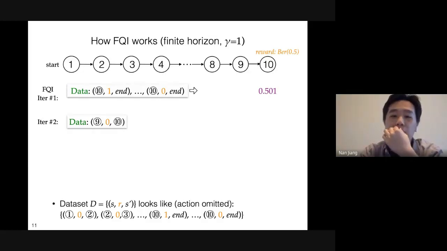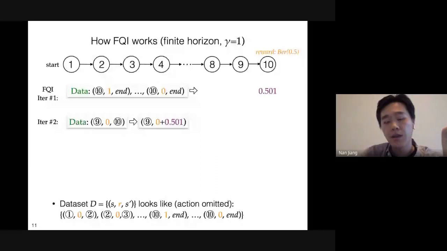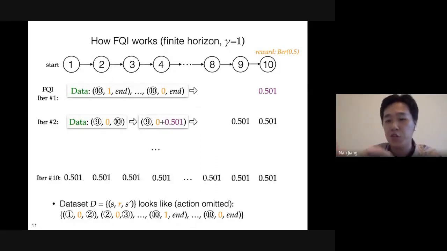So you say, I know state number 9 transitions to state number 10. So probably state number 9 has a value that is 0, the immediate reward, plus my learned value of state number 10, right? So this is the entire learning, making a guess based on a guess, learning based on bootstrap targets. And by this, you learn that state number 9 has the same value, and so on and so forth. You just propagate this value all the way to the beginning. So nothing goes wrong in this case.